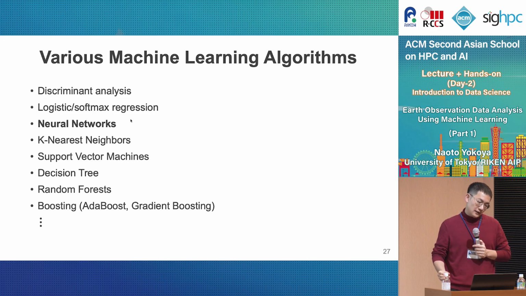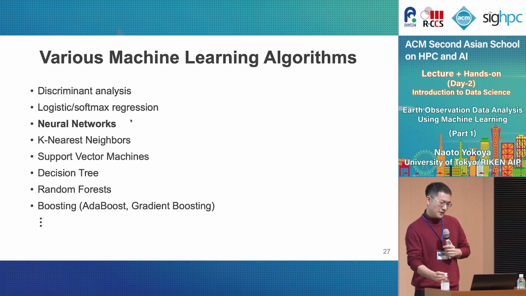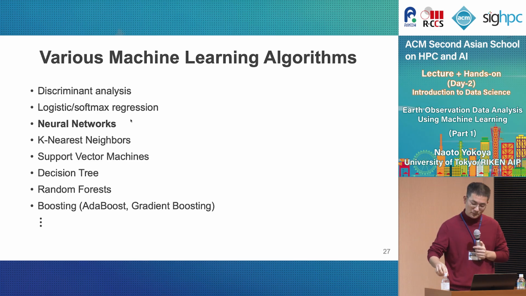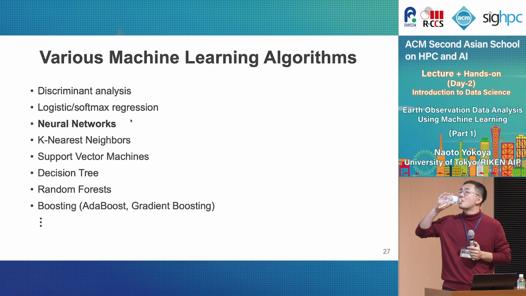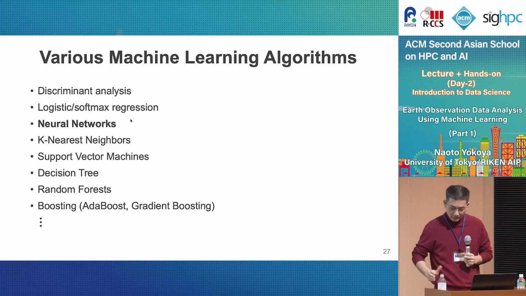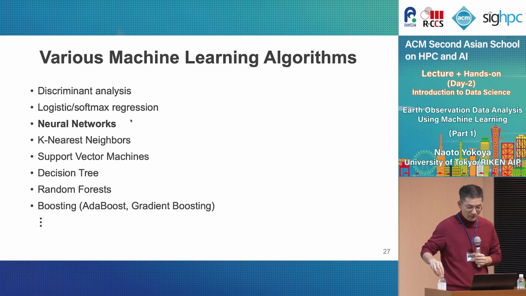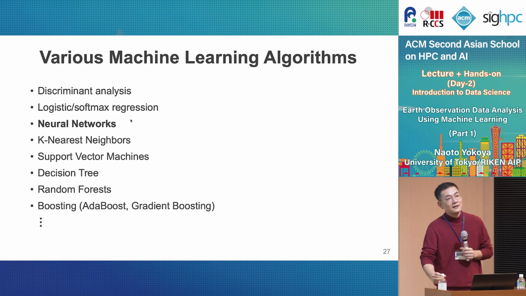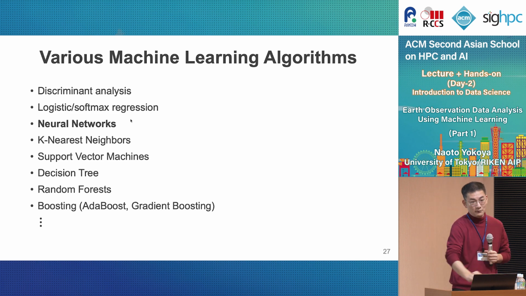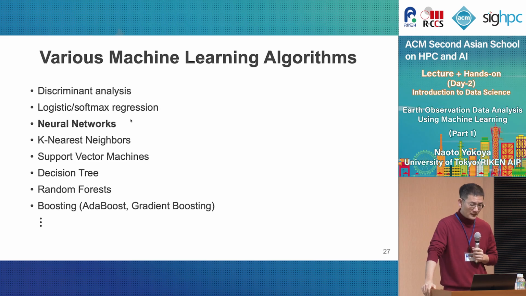For example, 20 years ago, people were still using support vector machines or random forests, or my favorite, boosting or nearest neighbor. Nearest neighbor is very simple, and I like it. Simpler is better if it works. But neural networks are quite powerful for solving complex problems, so let us focus on neural networks today.